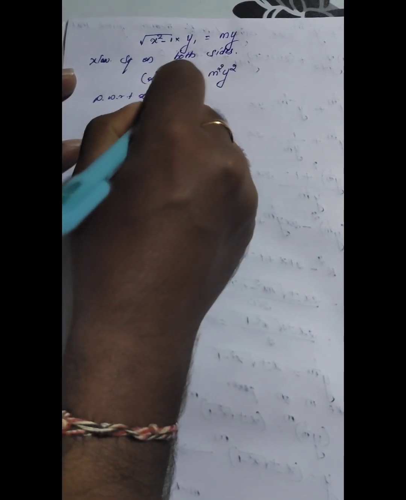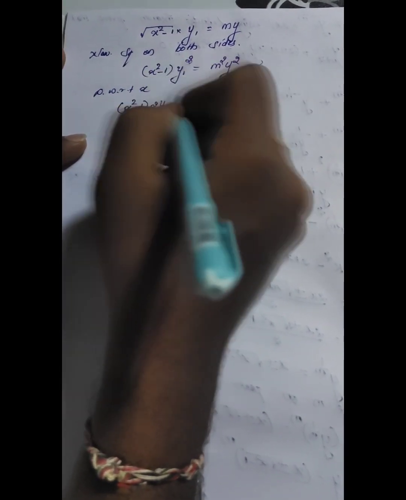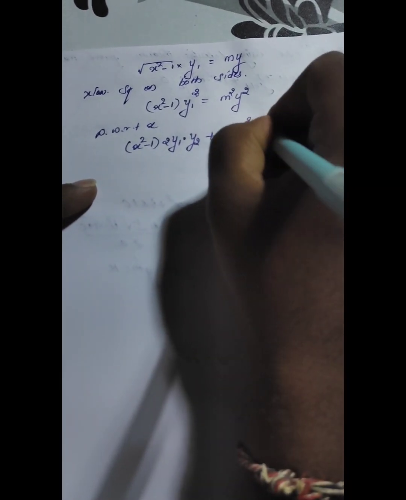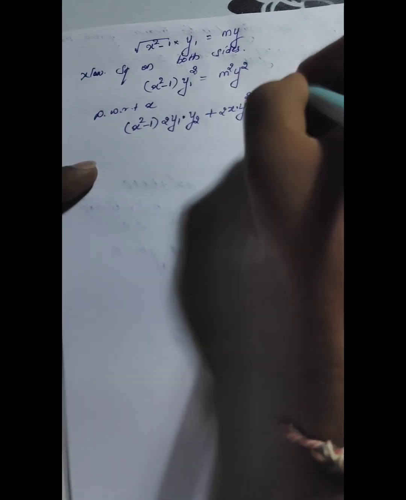The derivative of y1 square will become 2y1, and we differentiate y1 with respect to x again, which gives y2. Plus the derivative of x square minus 1, which is 2x, into y1 square, will be equal to m square, which is constant, into the derivative of y square, which is 2y, and differentiating y with respect to x gives y1.